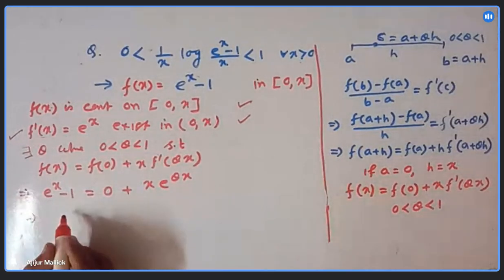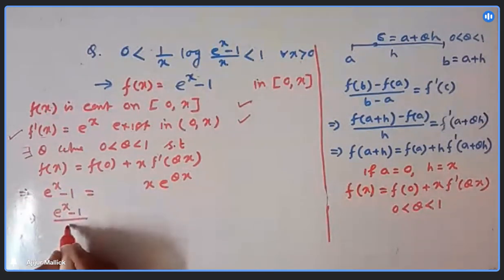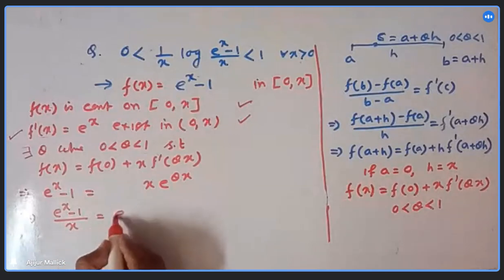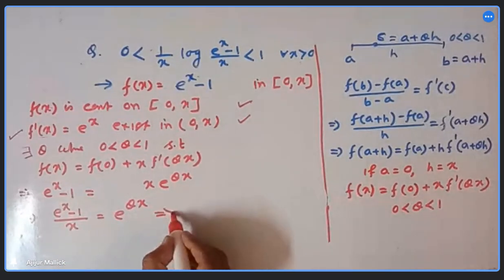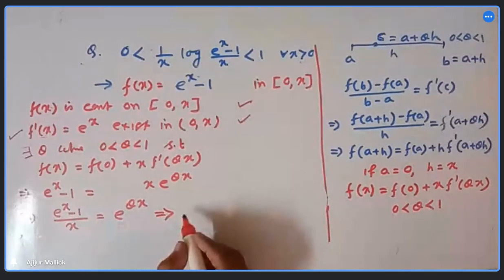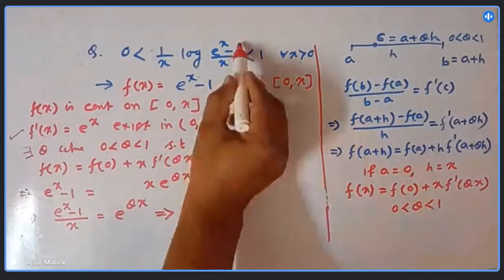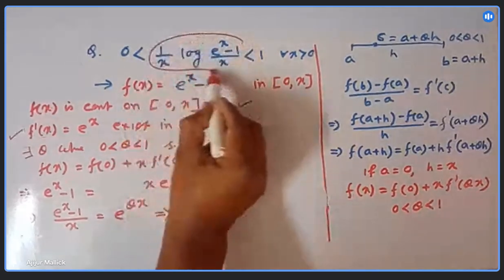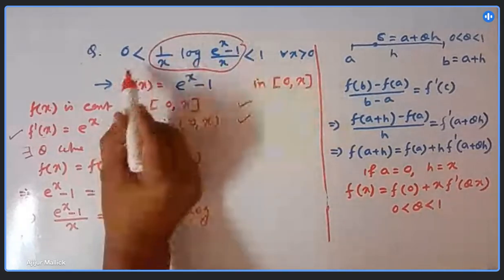So e to the power x minus 1 divided by x is equal to e to the power theta x. Take log. We shall try to show that this value is equal to theta because it lies between 0 and 1.